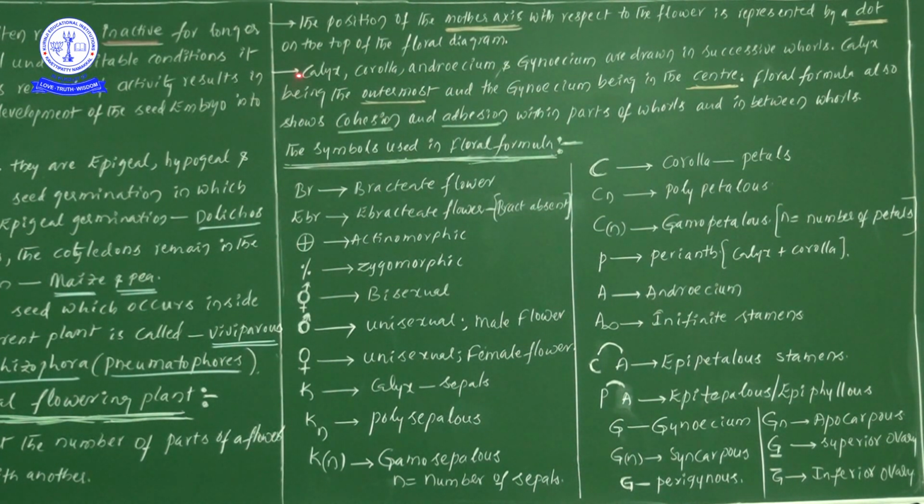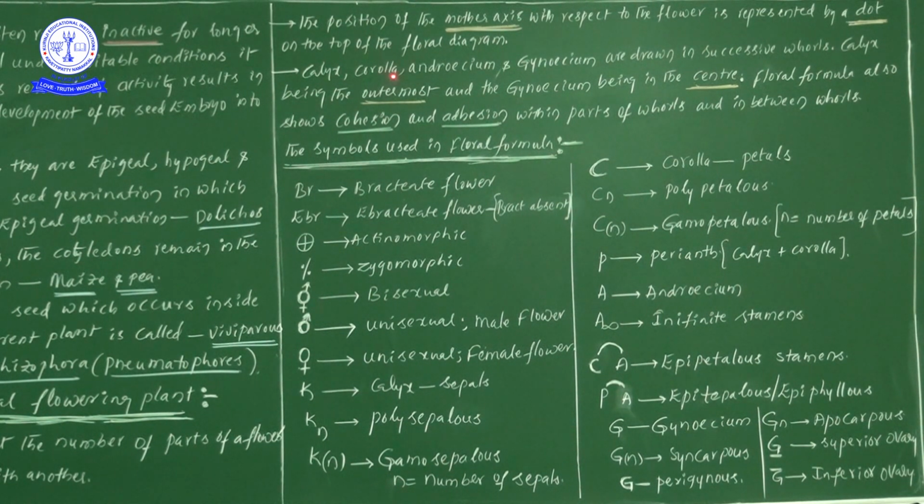Next one: calyx, corolla, androecium, gynoecium are drawn in successive whorls. We know very well why, because the outermost layer in a flower is the calyx, the second layer is the corolla, the third whorl is the androecium, and the fourth whorl is the gynoecium. We drew a diagram like this in previous classes, and while drawing a floral diagram we mention the same order.